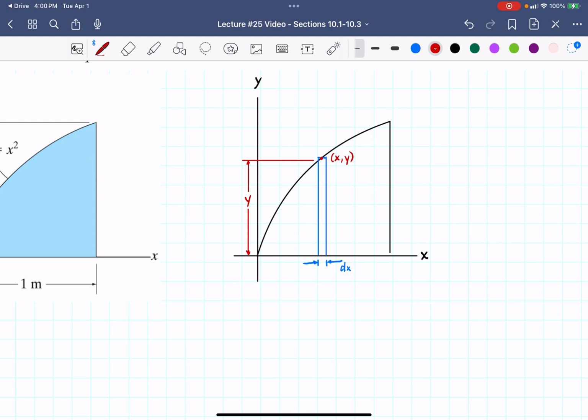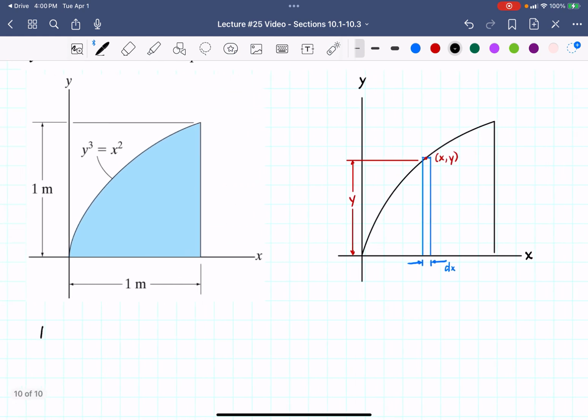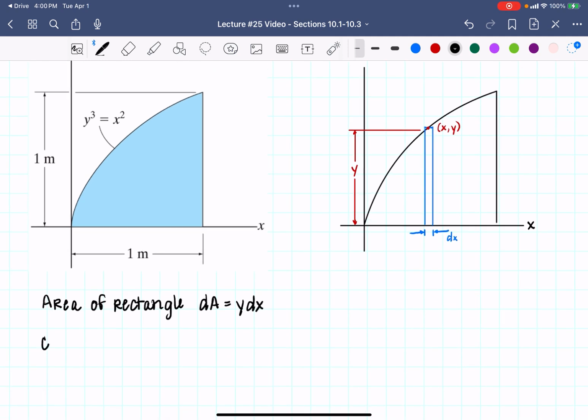And so the area of my rectangle is dA equals y times dx. And our curve says y cubed equals x squared. This time I need y in terms of x because I'm using a differential element of dx. In other words, y equals x to the 2/3.